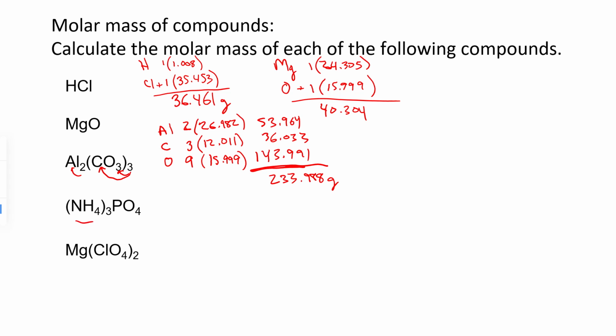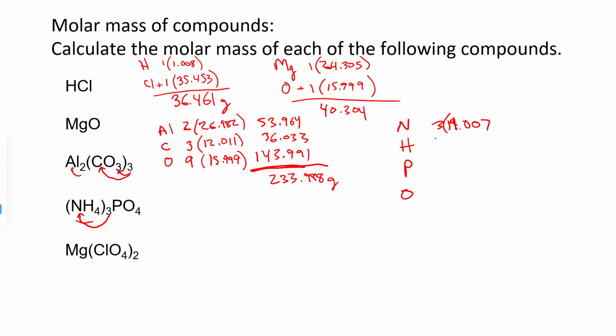So here we have nitrogen, hydrogen, phosphorus, and oxygen. We have 3 nitrogen, and nitrogen is 14.007. Kind of hard to write on this screen at this angle, so hopefully you can read that.